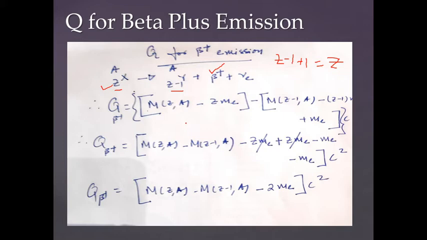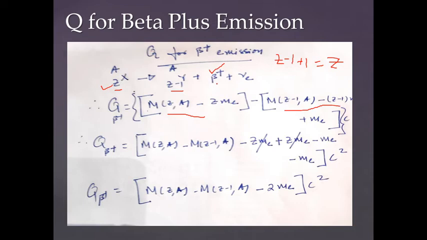Okay, now let me calculate the Q. Q is again initial mass minus final mass, and the initial nuclear mass is MZA minus Z Me, where Z is the number of electrons, minus the mass of Z minus 1 A, where again I have to subtract Z minus 1 electrons, and plus Me, the mass of the positron. The mass of positron and electron is the same.